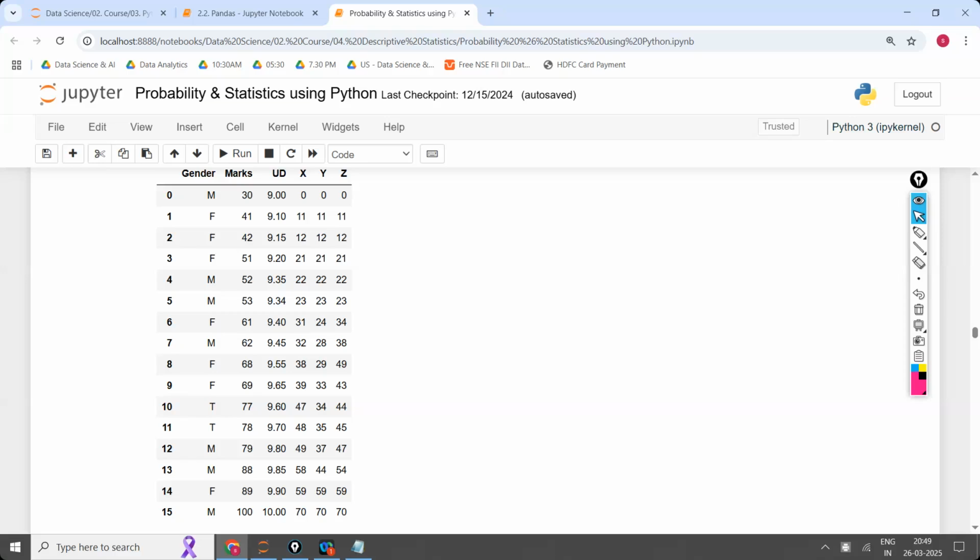By considering the number of bins equal to 7. Completed? Everyone?